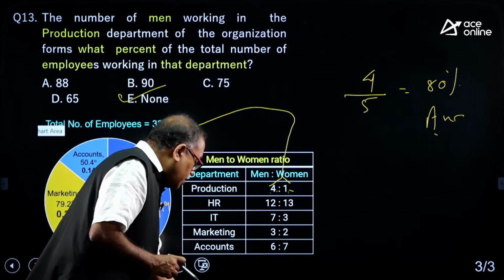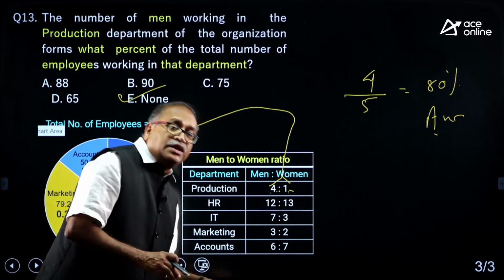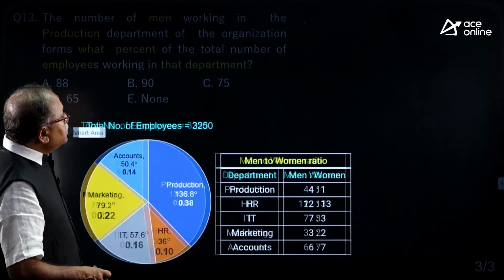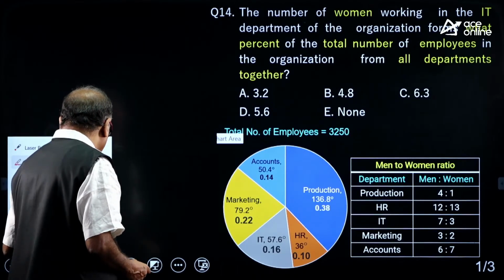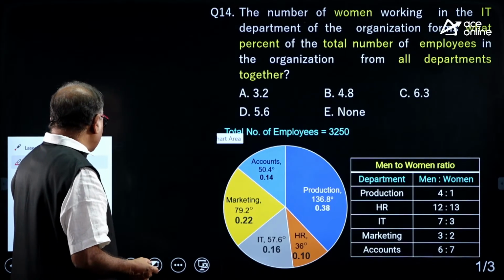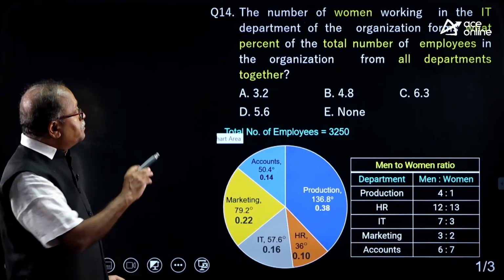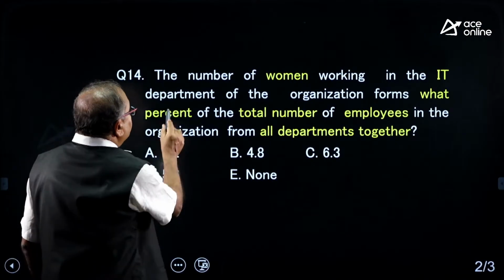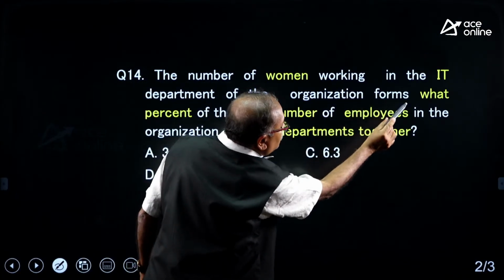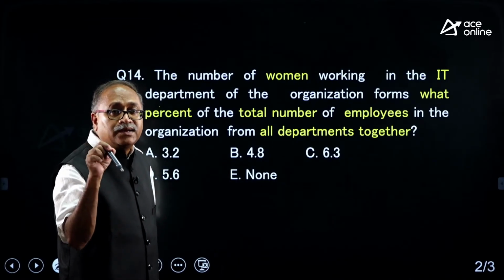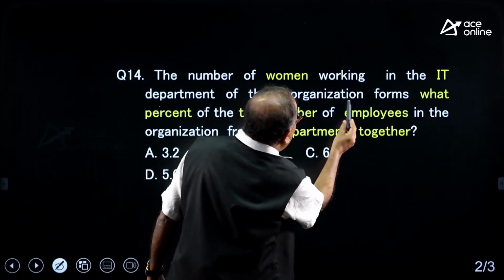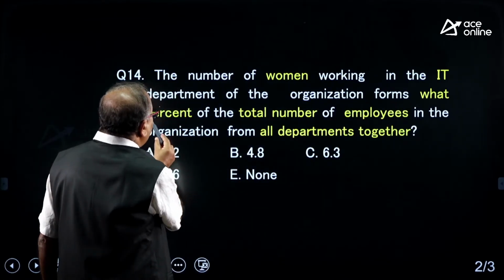Okay. Anyhow, I will be moving on to the next question, and the next question is this one. First we will read the question here. The number of women working in the IT department in the organization is what percentage?